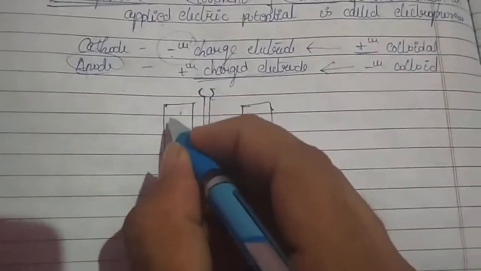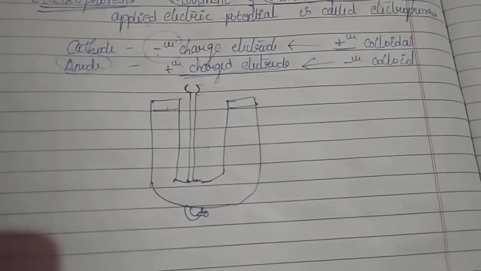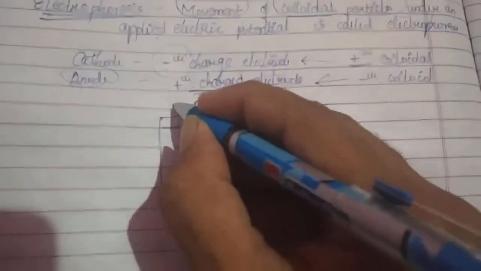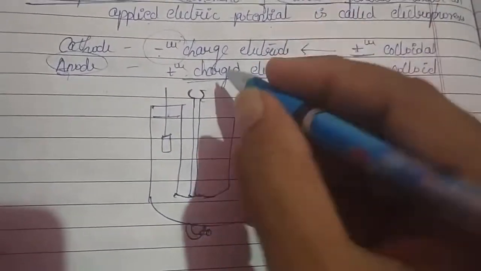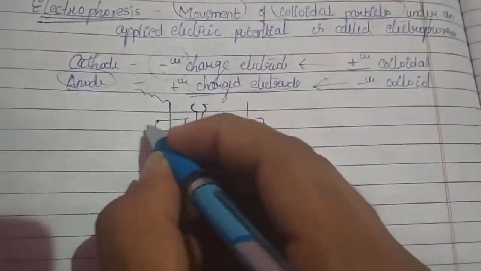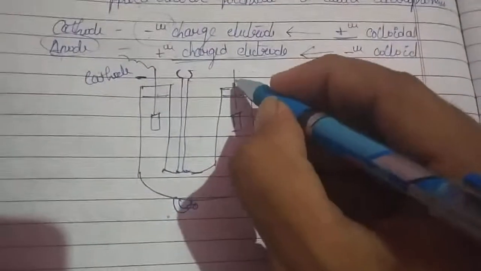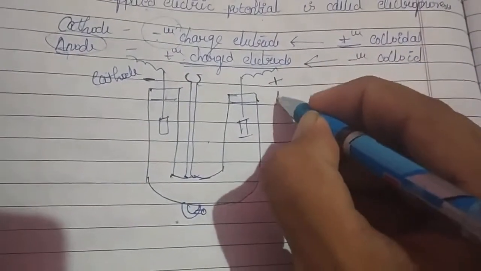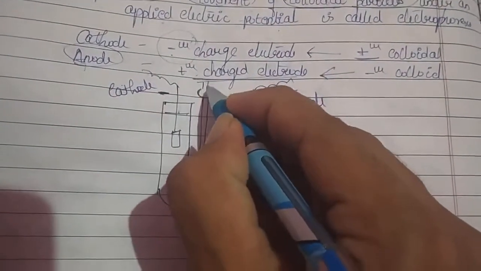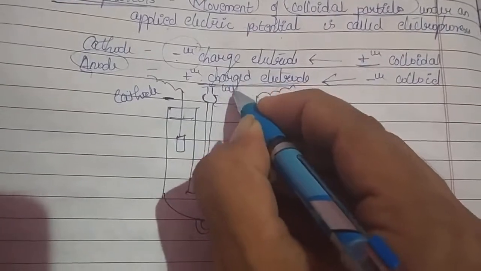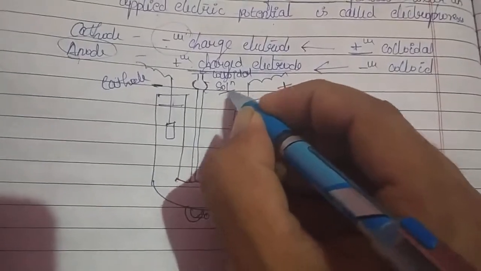In this U-limb, we are making use of platinum electrodes, two platinum electrodes, which I am showing in this way. One terminal will be called the cathode, since it is connected to the negative terminal of the battery, and the other will be connected to the positive terminal, and will be called the anode. Through the reservoir, we are putting in our colloidal solution.